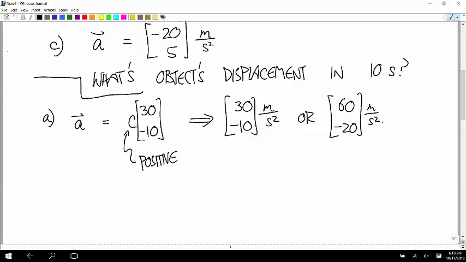Okay, so now for part B, how do you get it to slow down? So, remember what happens when you multiply a vector by a positive number, it stays in the same direction. If you multiply it by a negative number, it switches to the opposite direction.